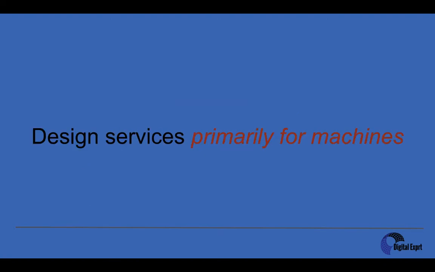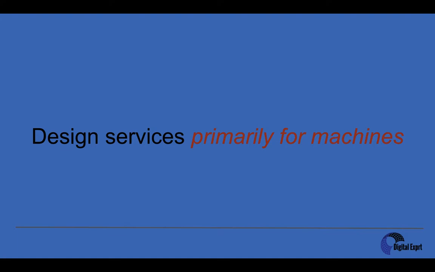Another thing that is very important for people who are trying to build systems is that when designing services, typically, we are trained to design services to be consumed by human users. But in systems programming, it is crucial to design services primarily for machines.